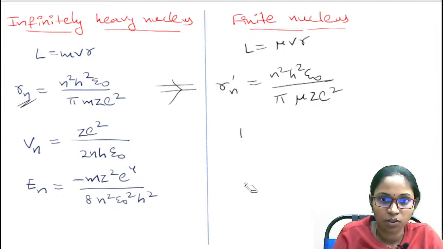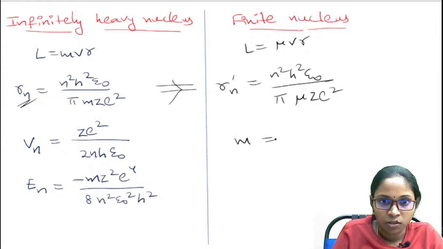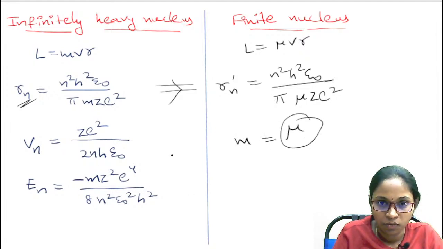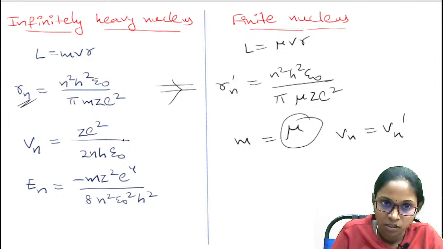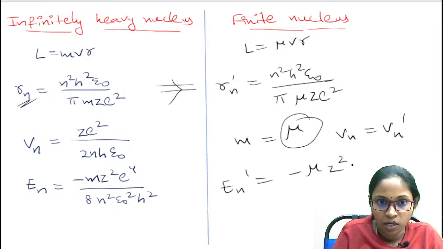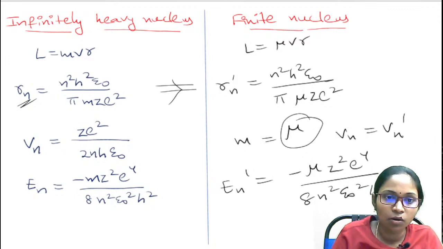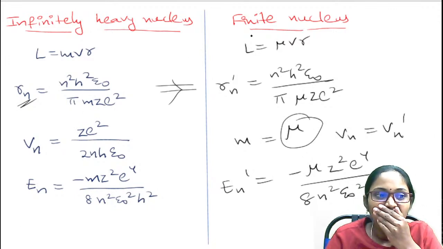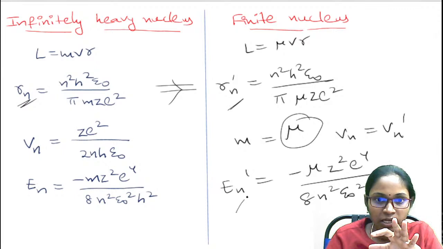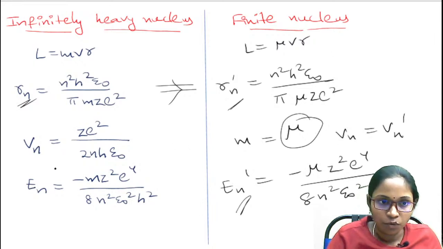I'm just rewriting this equation, and in place of mass m, I'm substituting mu. Here Vn is equal to Vn prime, because there is no mass term in this equation. And En prime is equal to minus mu z square e power 4 by 8 n square epsilon square h square. Finally, if we make the correction for finite nucleus, these will be the equations for the radius and energy of the nth orbit.